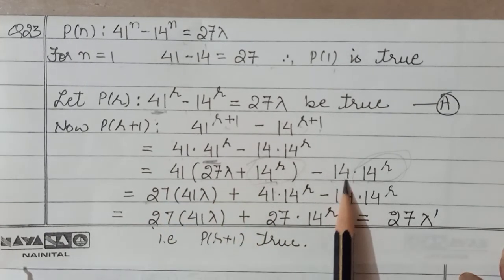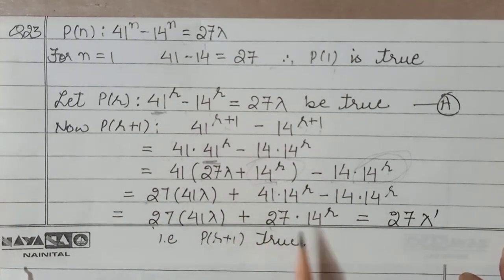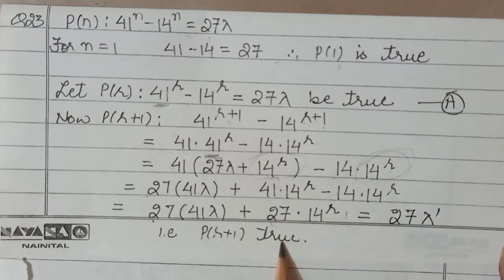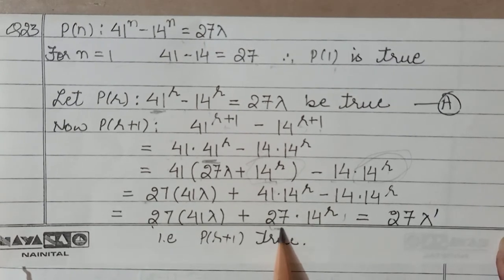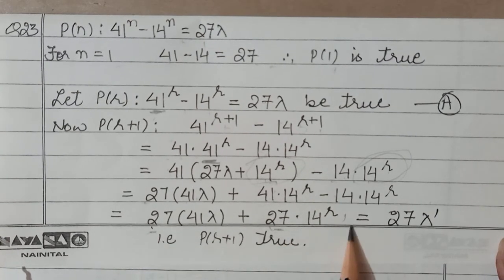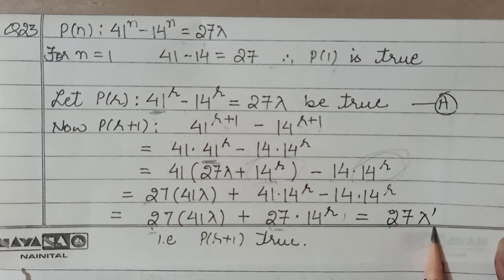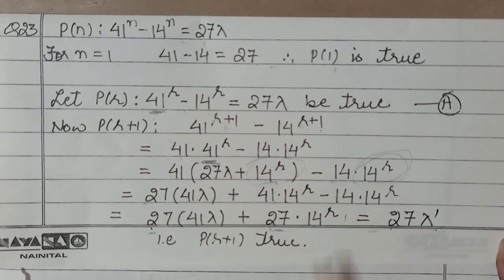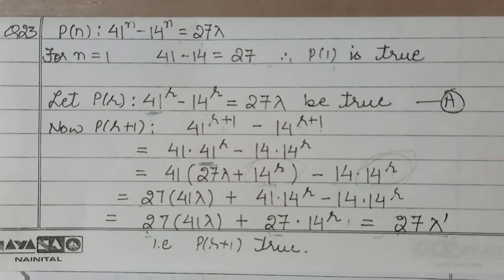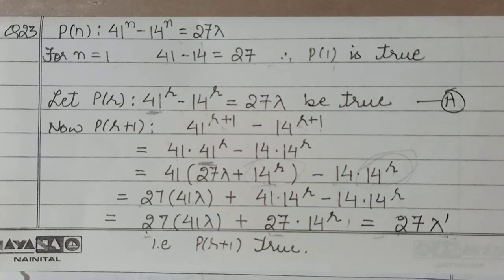So plus 41 minus 14 gives you 27 14 to the power of r's. What else is coming is not our interest. The main thing is we have managed to show 27 into something, 27 into some integer, which will prove that 27 is its factor, or it is divisible by 27, or it is a multiple of 27, whichever way we say it.